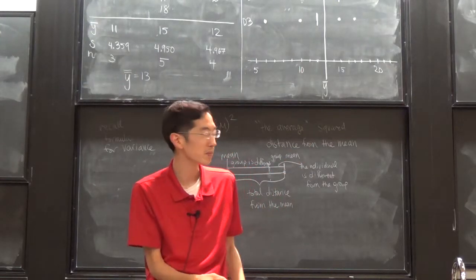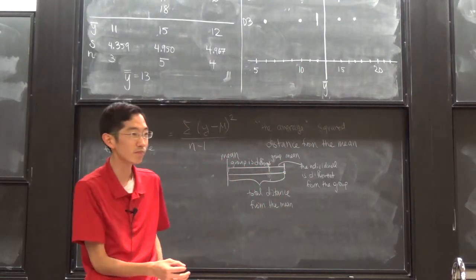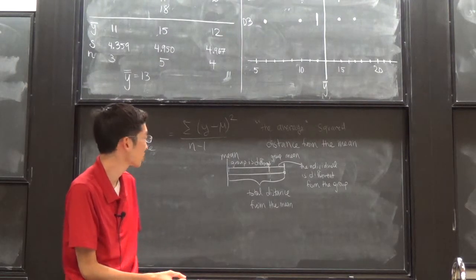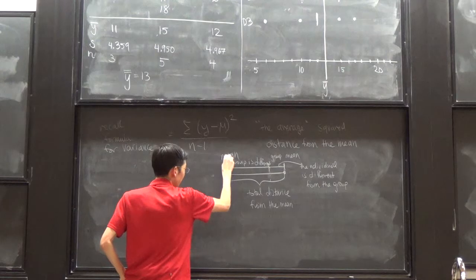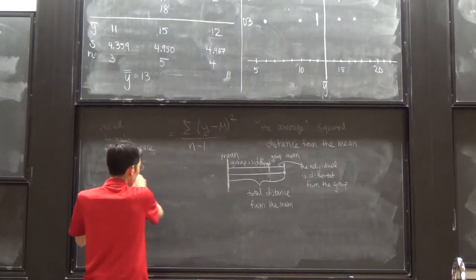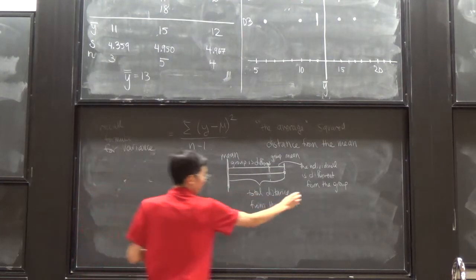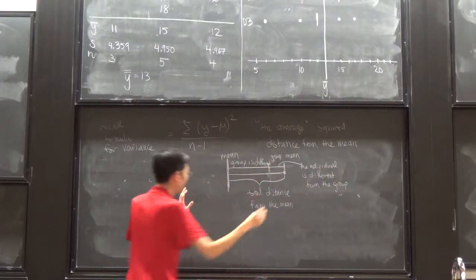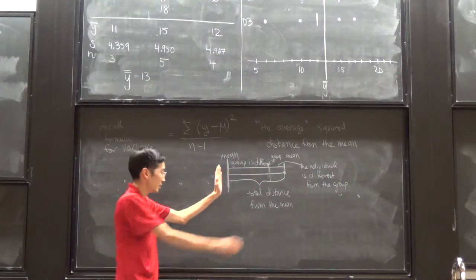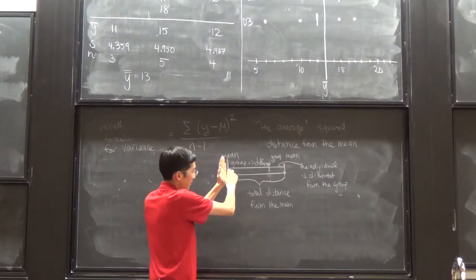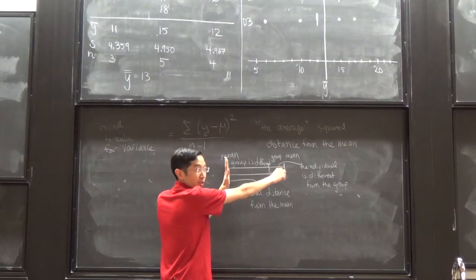Yes? So there's two differences then. There's one from the total mean, right? Yeah, this is the total mean right here. There's a whole bunch of data points, and for each data point, we're going to say this is the distance from the grand mean.